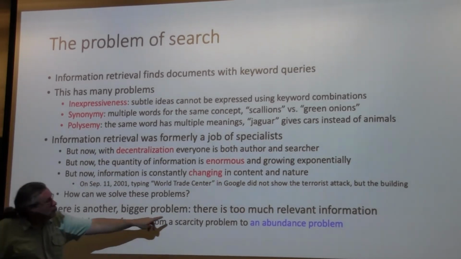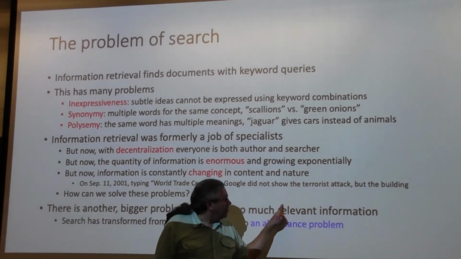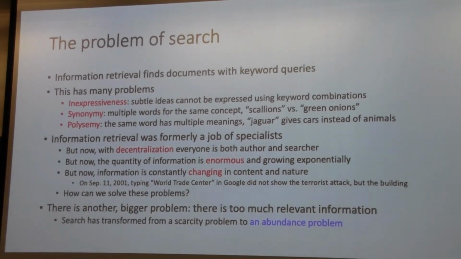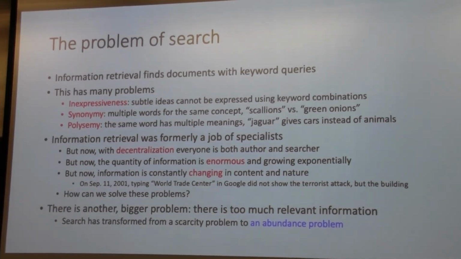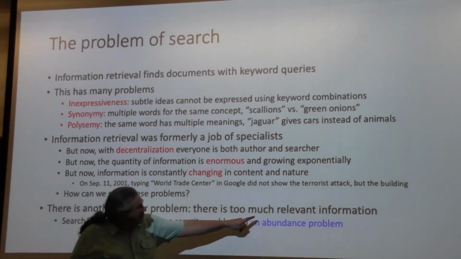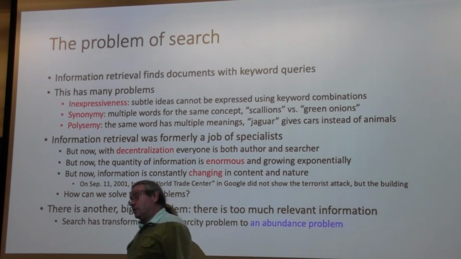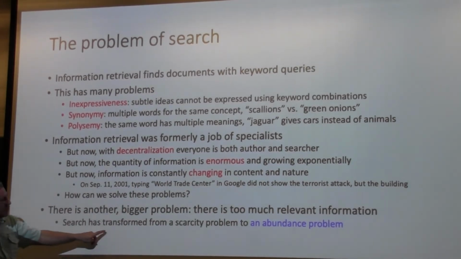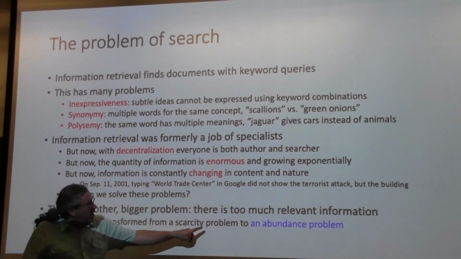Also, there is too much relevant information. If I want to look about, for example, radar technology, how does it work? There's millions of pages that mention radar. Which is the right one? There's too much relevant information. Too much. Abundance. Search is not scarcity, it's abundance.